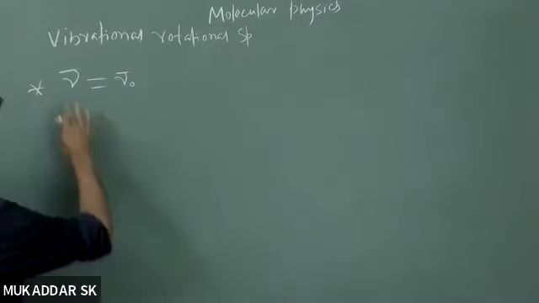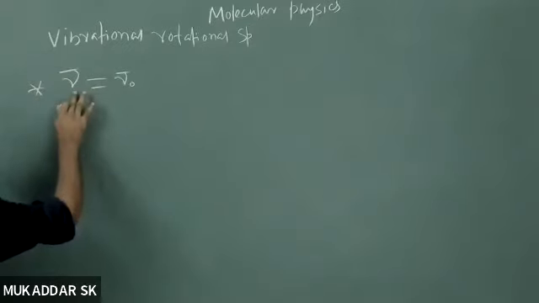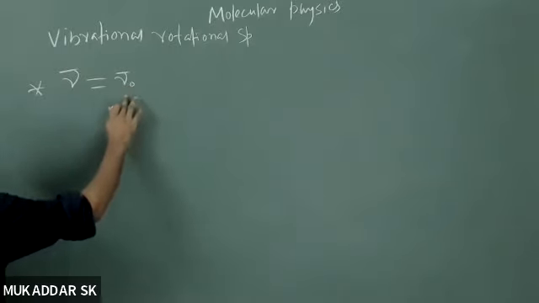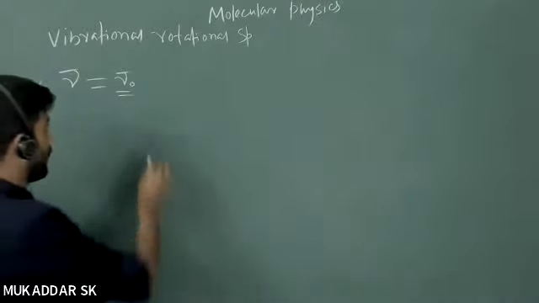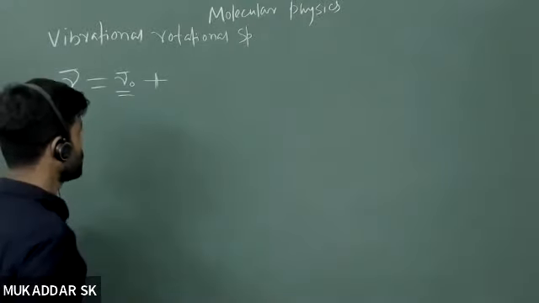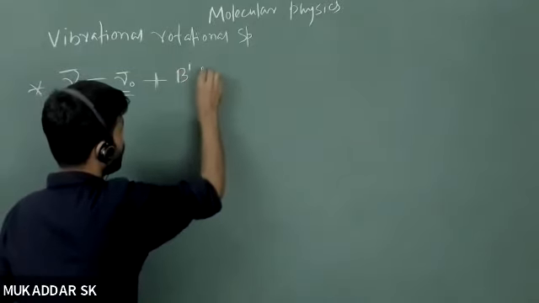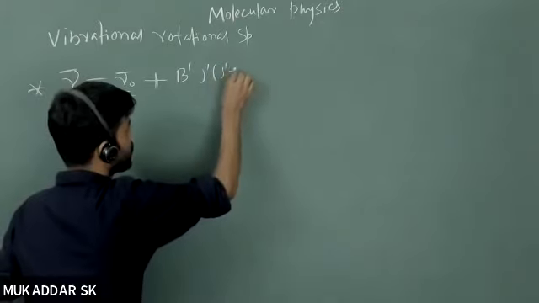But let me write the transition wave number corresponding to the rotational vibrational level, that is from V equals 0 to V equals 1, that will provide you the fundamental band. And you have the rotational term, that was how much? So it was B dash J dash, if I am correct, J dash plus 1.